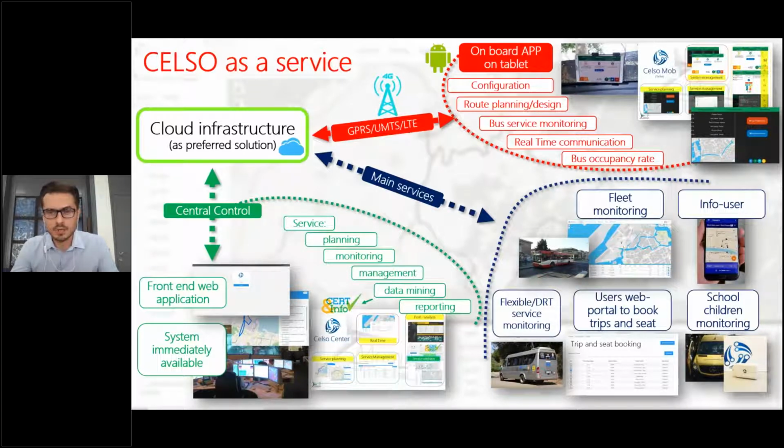With this installation, the system will be available to the transport company, and we provide all the functionality, as an example, the fleet monitoring, the information to the end user, the possibility to monitor the flexible service, the school children, the school bus service, and we can also provide a user web portal in order to book a trip and seat.